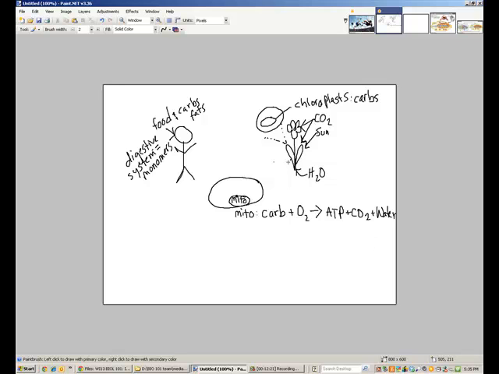Okay, and so both plants and animals, and really most eukaryotic cells, there are certain eukaryotic cells like yeast that will go through an anaerobic form of respiration only and not aerobic. So this is aerobic cellular respiration, aerobic respiration, because you can see that O2 right there. And that's what the mitochondria is used for. That organelle is able to use oxygen to strip a carbohydrate of its hydrogens and produce a lot of ATP.